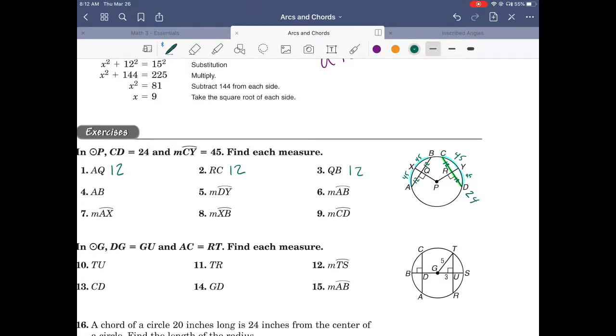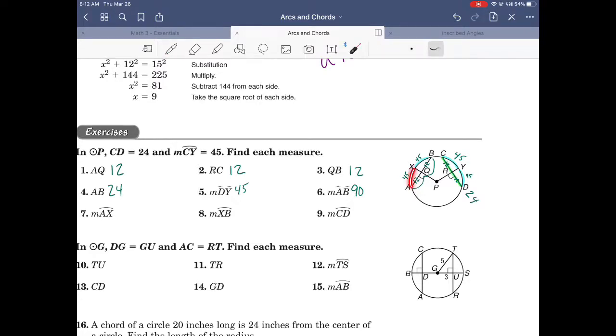AB is the whole length. 12 plus 12 is 24. The measure of arc DY, we said was 45. See how much easier it is once we've already filled out everything in.